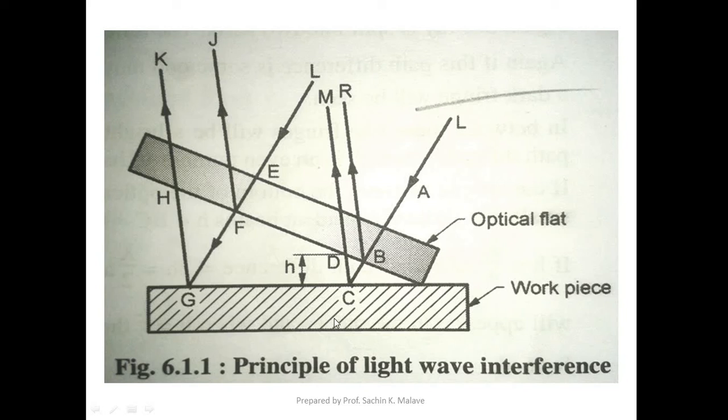Complete interference means you can see a dark band here. So one dark band will be seen if this distance BCD is equal to an odd multiple of lambda by 2. A dark line will be seen passing through point C.